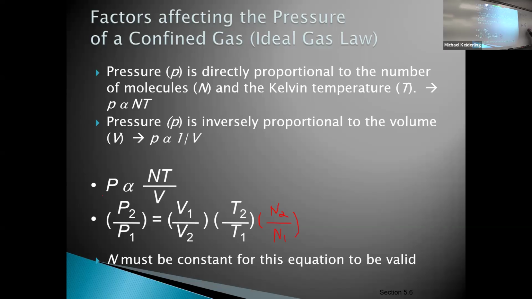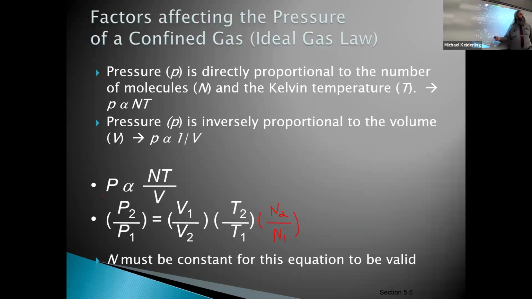So we can write a relationship with ratios. P2 over P1 equals V1 over V2 times T2 over T1 times N2 over N1. So this is giving you the version with N constant.